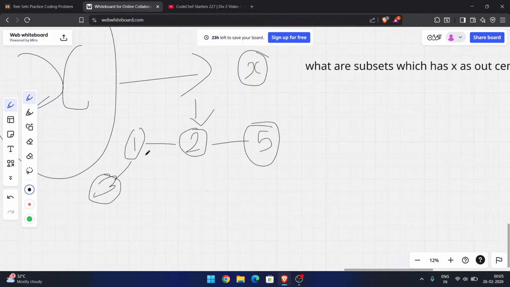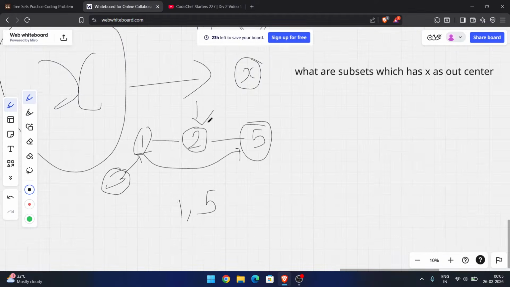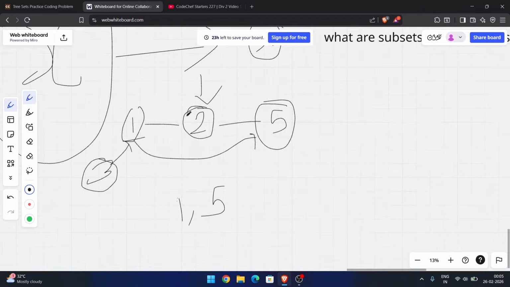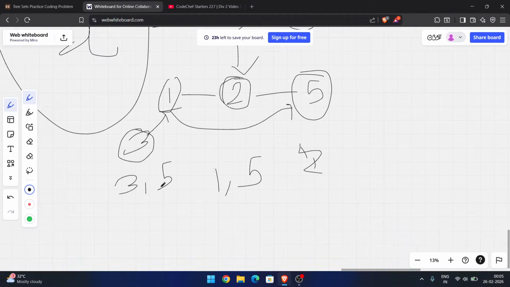One valid subset would be 1 and 5. I can take 1 and 5 as Y and Z, and then this would be my center. I can also take 3 and 5, and then also these two would be my center. Now I can't include 1 and 3 in this case, because then these two would not be the center.